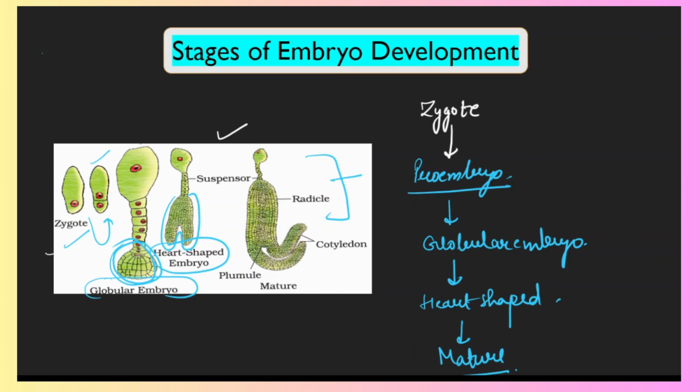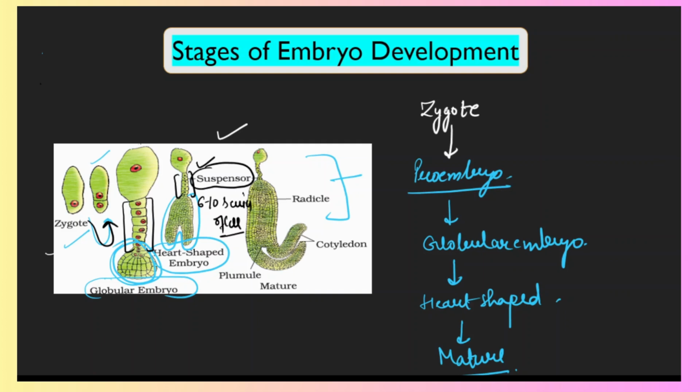If you look here, the zygote will divide and form a series of 6 to 10 cells which is filamentous in nature.